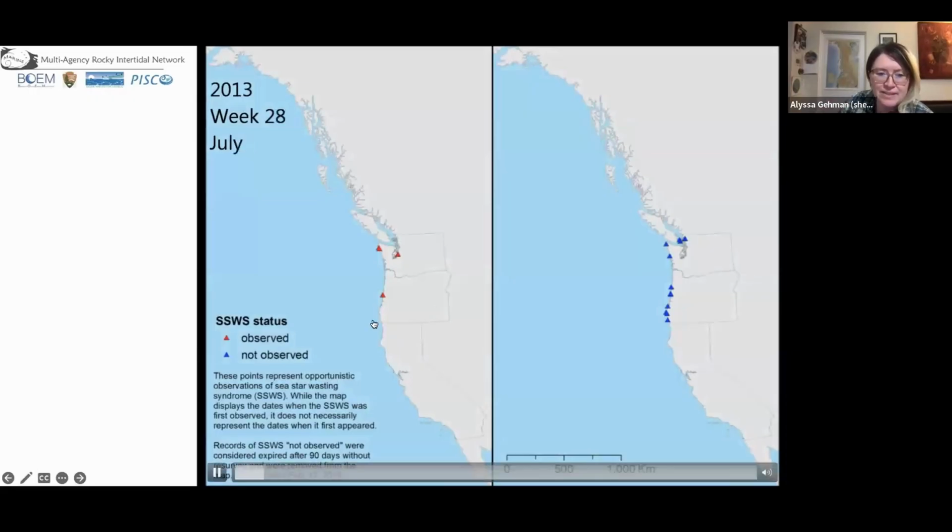This is a time lapse. On the left, these are places that people have looked and there was no disease. We're just slowly going through time in 2013. On the right, these points are all places where we are seeing disease. You can see that by November of 2013, we've observed disease pretty far up and down the coast, all the way down to Mexico.